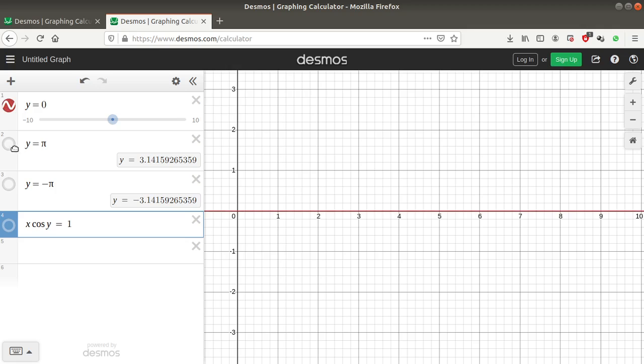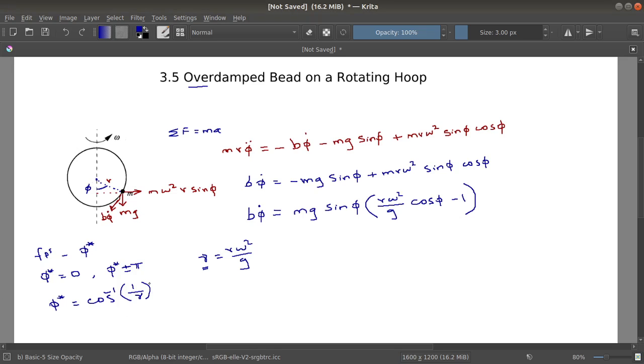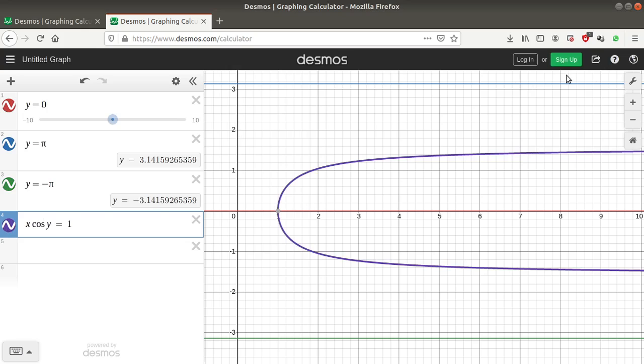Phi star is equal to pi gives this line, and phi star is equal to minus pi gives this line. And then the final equation, which I could also write in this form, gamma cos phi minus 1 is equal to 0. If I plot that one, I will get this sort of curve.